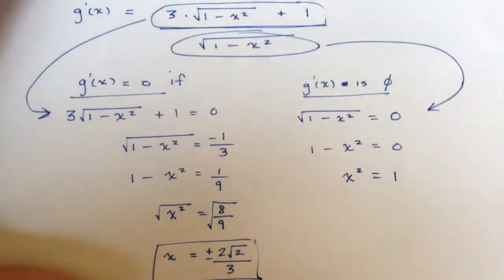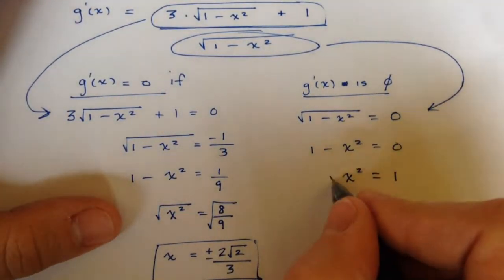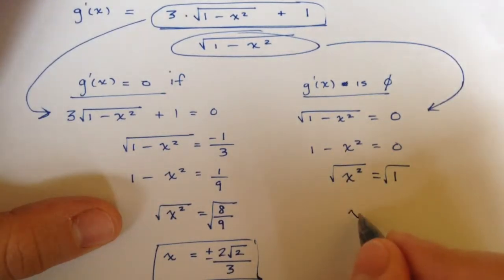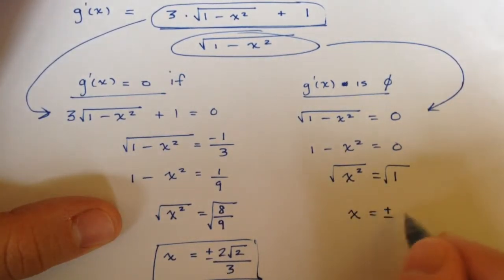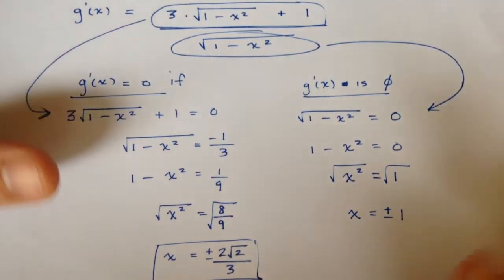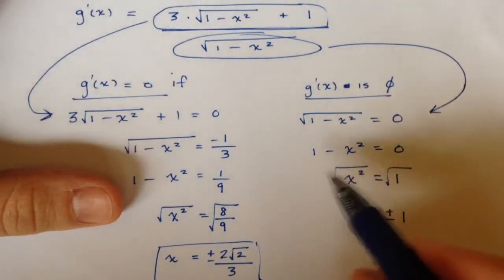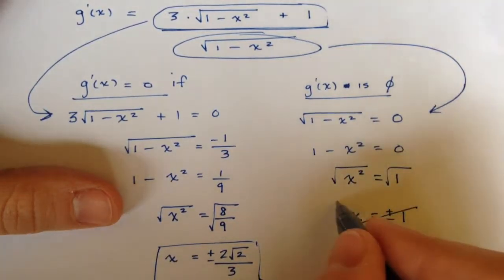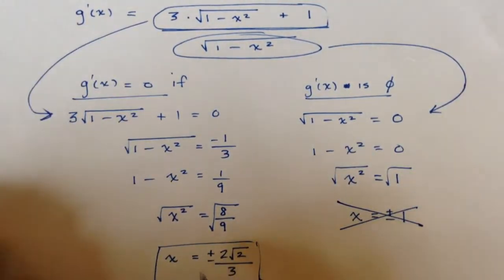We simplify to get x squared equals 1. We root both sides, and we find that x is equal to plus or minus 1. And then we say, well, wait a minute, plus and minus 1 are outside of the range where the function is continuous. So we're going to throw those 2 values out. These are our answers.